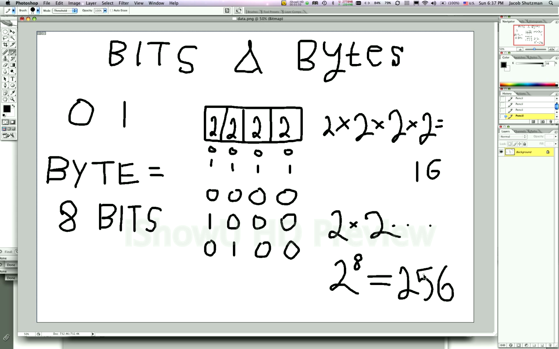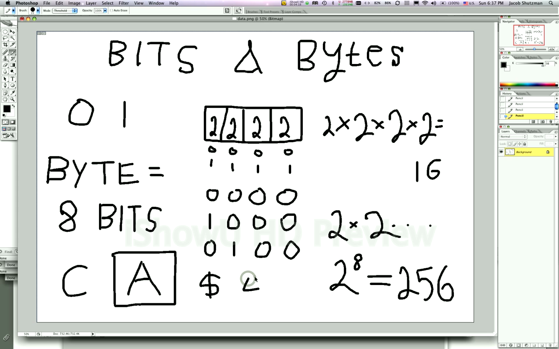So let's see what's the importance of bits and bytes. The first thing is, we said that we can store a character in a byte. Remember? Character. Let's draw a box. A character could be a letter, like A, or it could be a symbol, like $, or it could be a digit, like digit 4, or anything that's on your keyboard is considered a character.